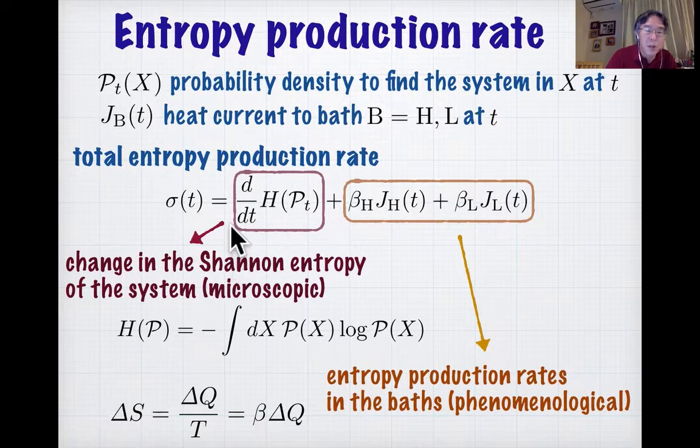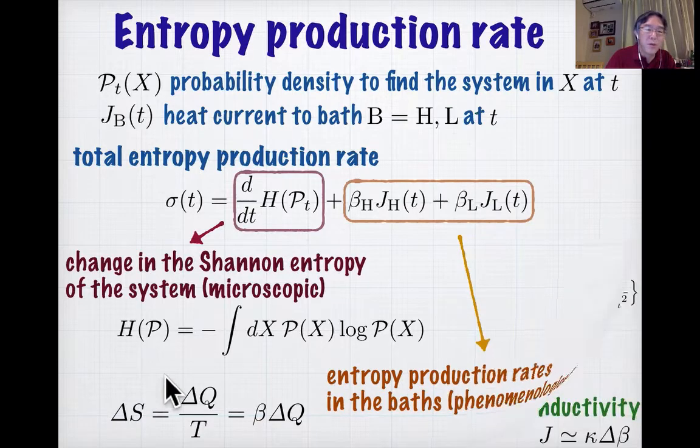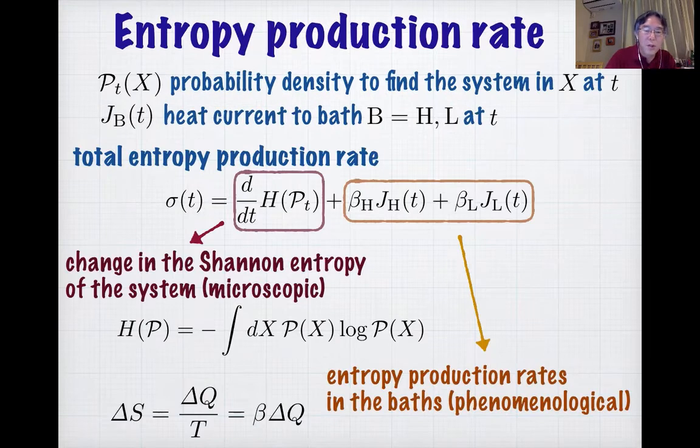This is such a microscopic entropy, and this is the change of this entropy. And here we have entropy production rates in the bath. In this case, we take a macroscopic point of view. So this beta J is nothing but the time derivative of this well-known formula in thermodynamics. So this is the change in entropy.